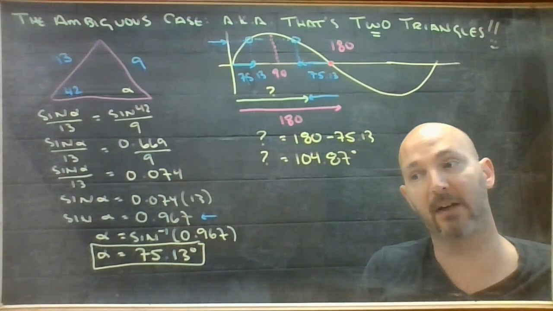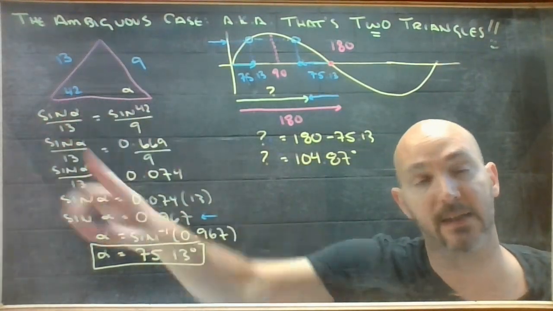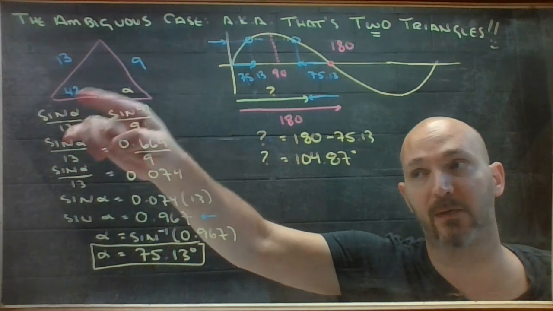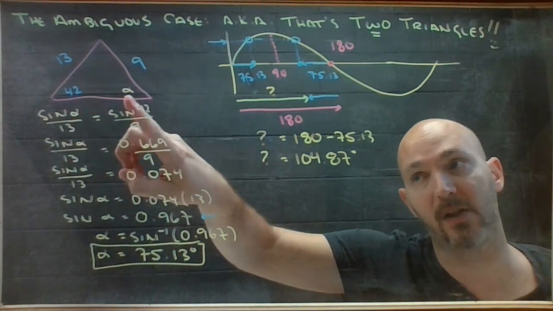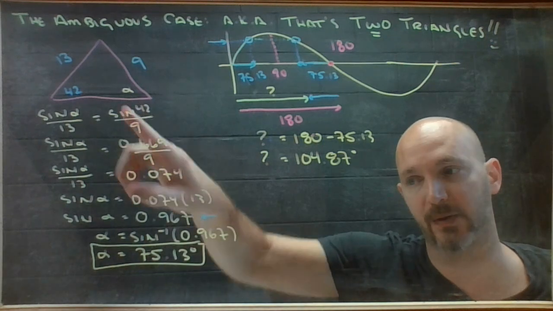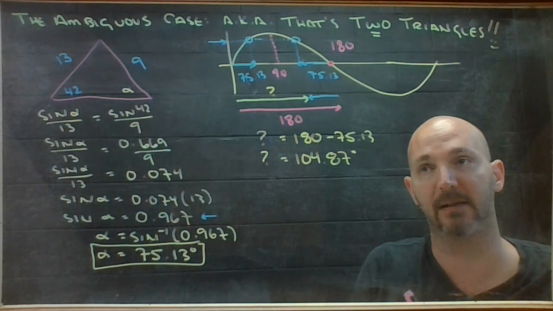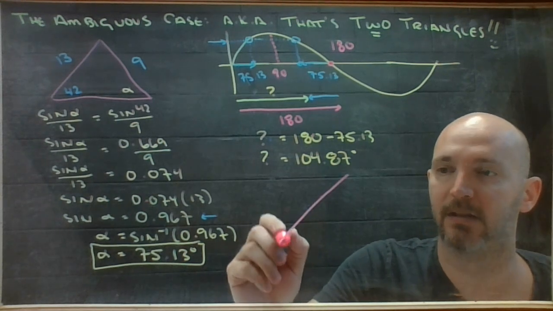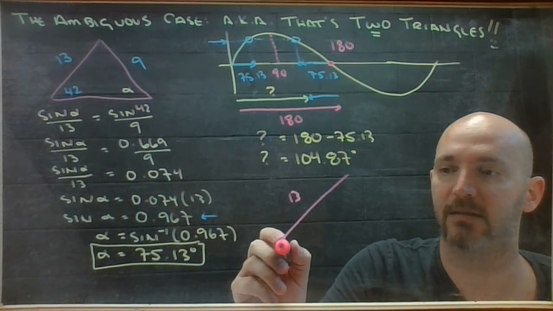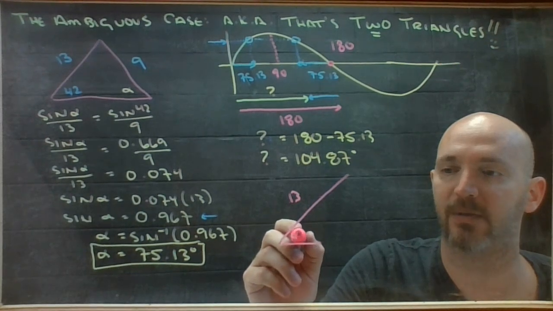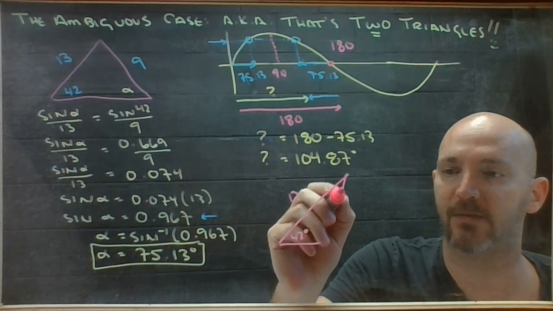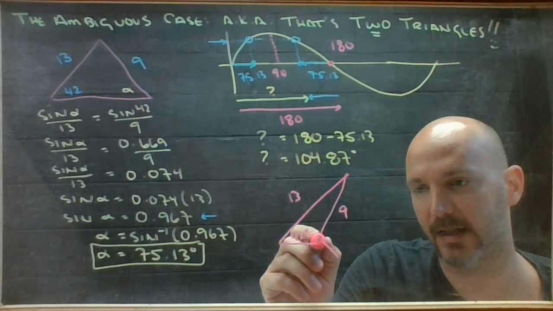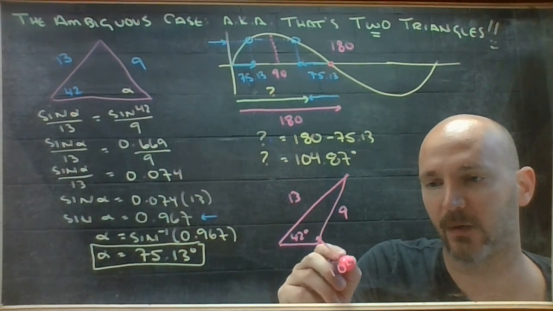So what I figured out is that a triangle drawn like this is perfectly acceptable to have a side length of 13 and 9 with a 42-degree corner here, as long as that side, or that angle, sorry, is 75.13 degrees. But it's also perfectly valid to have a side that's 13 with a 42-degree angle across from a side that's 9 long, as long as this angle here is 104.87.